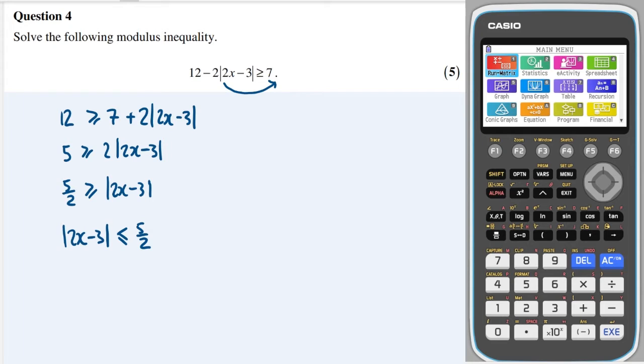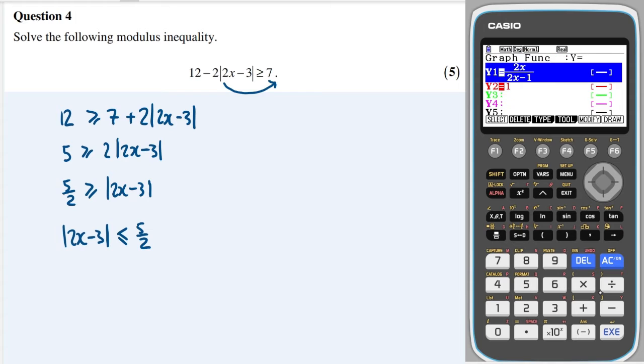Next what I'm going to do is sketch. I'm going to go to graph, and so I've put in modulus of 2x minus 3 and 5 over 2. And I press draw.